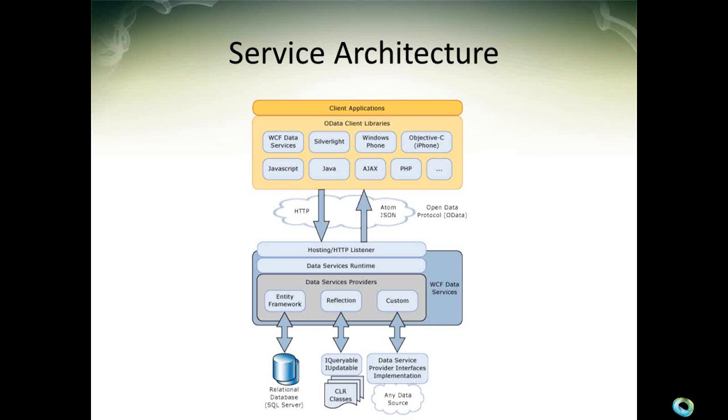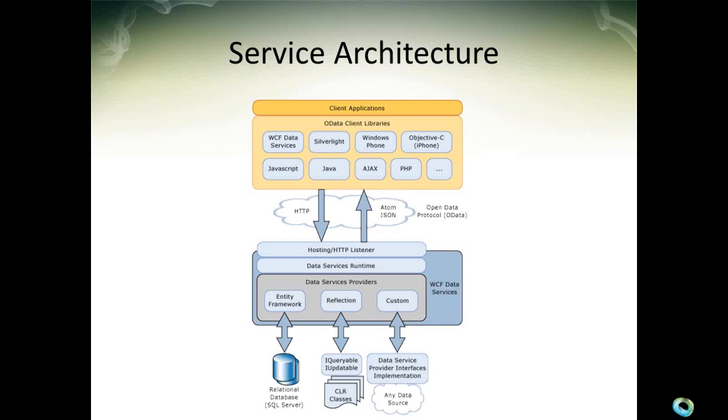On top of that, we have the data services runtime, and they expose our data through Atom and JSON. After that, we have the OData client libraries that are available for Java, Ajax, PHP, Silverlight, and for Windows Phone, of course, and we can consume the data service with the help of these client libraries.